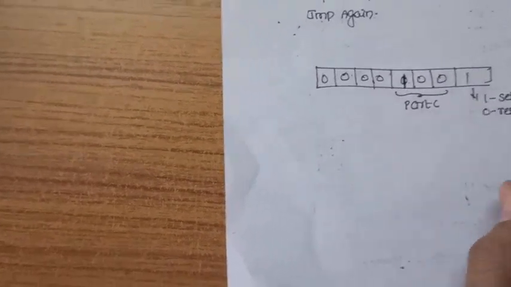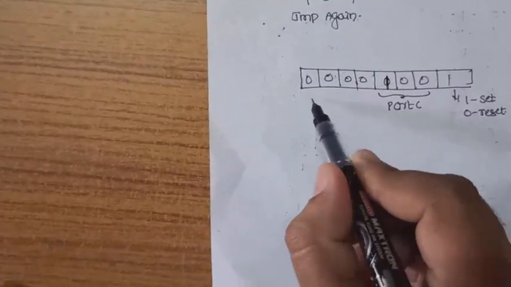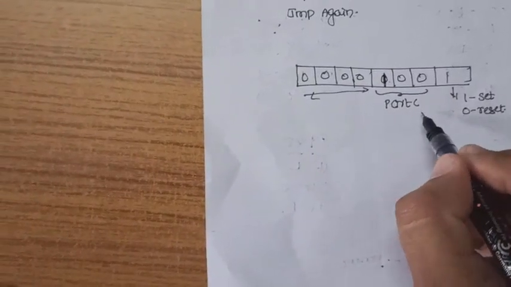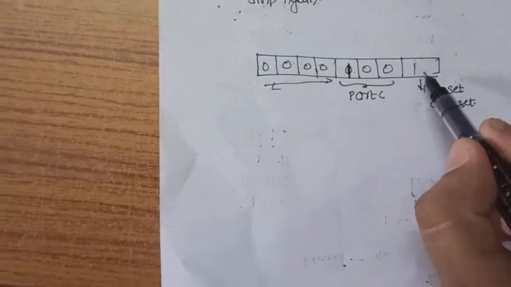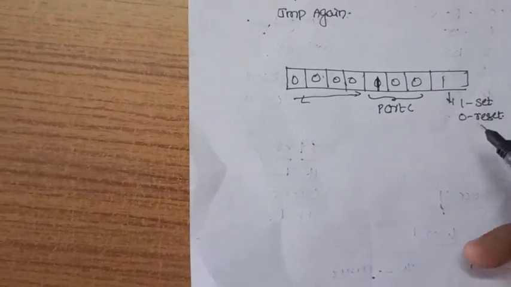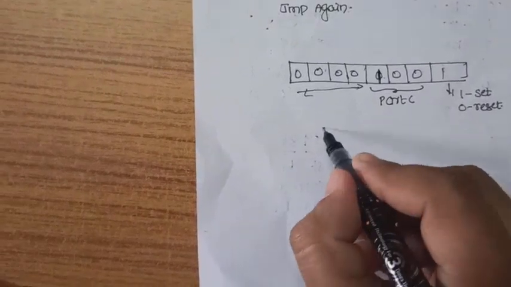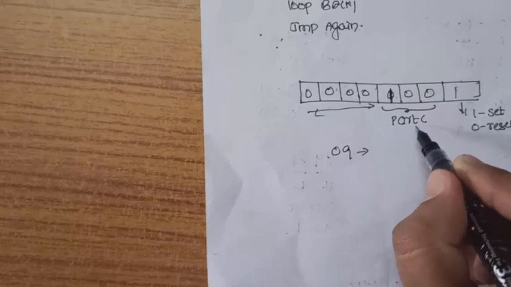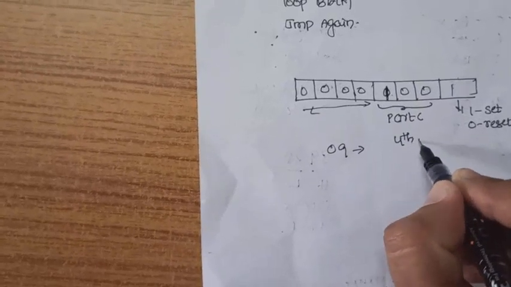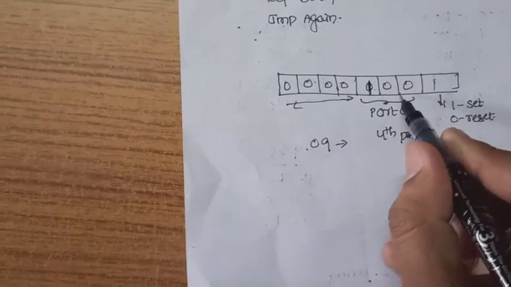In this command word, the last bit is the set or reset bit, the 3 bits before it represent which port C pin you want to set or reset, and the first bit 0 selects BSR mode. The last bit 1 means set and 0 means reset. For setting, I have given the command 09, meaning I am going to set the 4th pin of port C, since 100 is there.